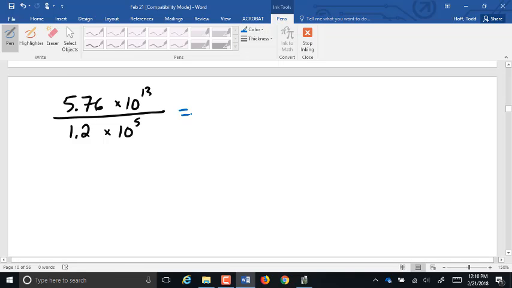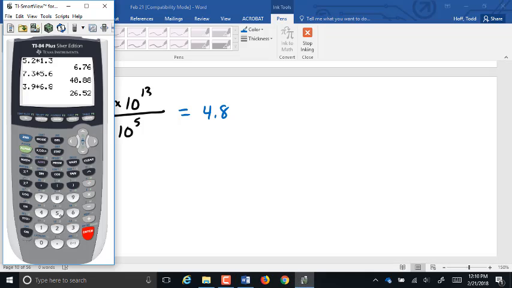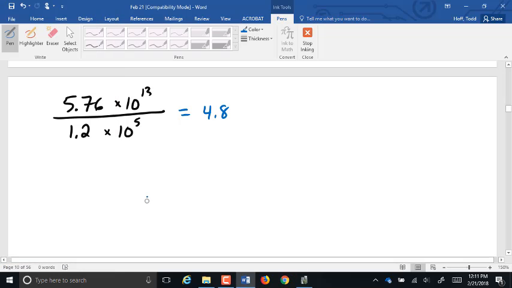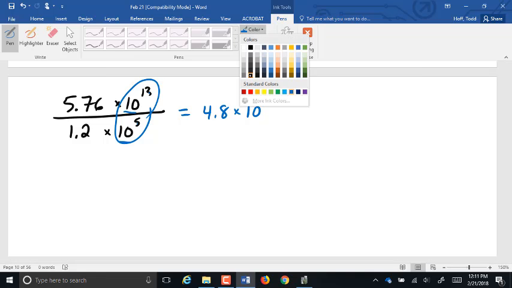We divide the counts. 5.76 divided by 1.2 is going to give us, I believe, 4.8. Let me double check. Yes, it does, 4.8. Then we also divide the names. 10 to the 13th divided by 10 to the 5th. When we're dividing exponents with like bases, we subtract the powers. 13 minus 5 is 8, so that is 10 to the 8th.